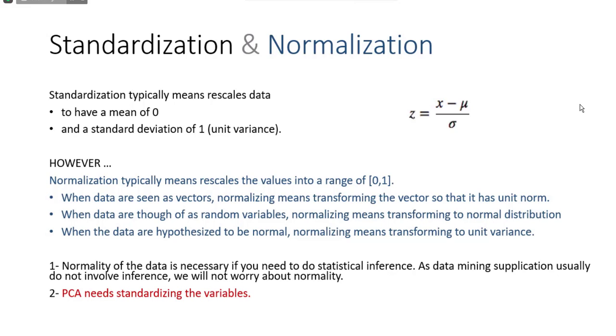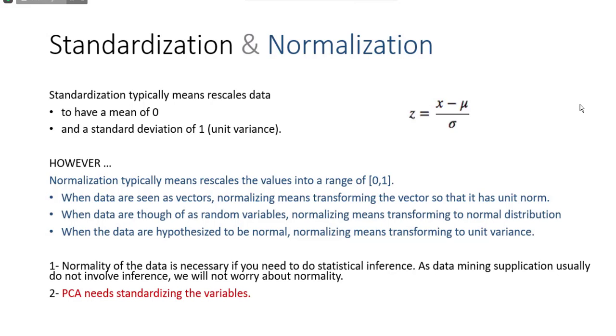But for normalization, typically we mean rescaling the values into a range between 0 and 1. So there, mainly we want to make the mean 0 and the standard deviation 1, rescale the data and make the new variables scale free.